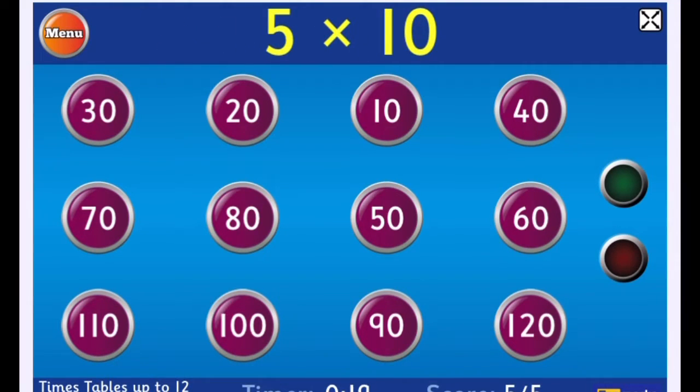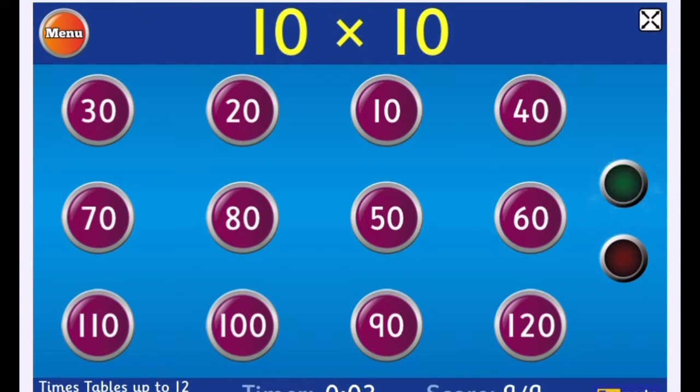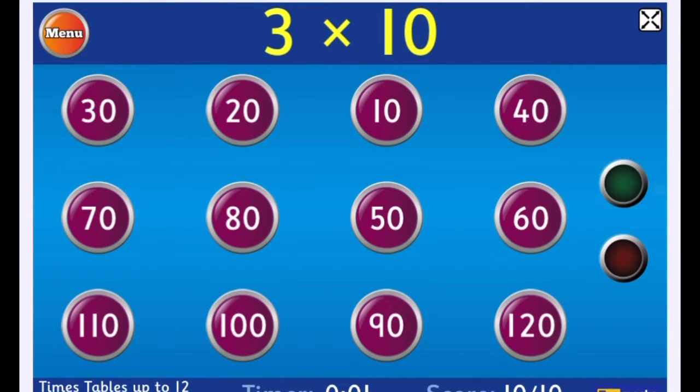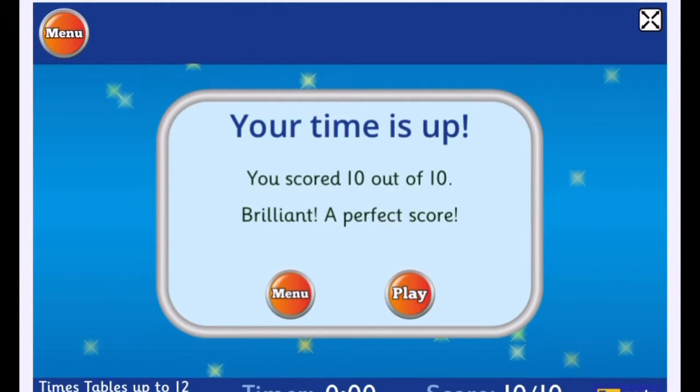Oh, we've had this one too. 5 times 10 is 50. 4 times 10 is 40. 2 tens, 10, 20. 7 tens must be 70. And 100 again. Oh, we couldn't quite squeeze in a last one. 10 out of 10, not bad.